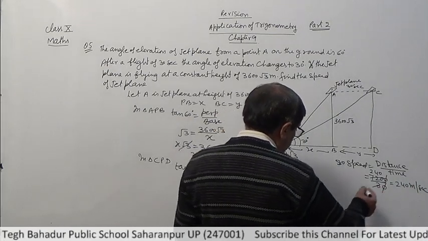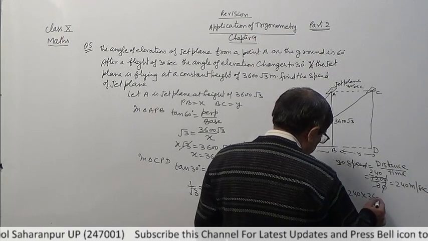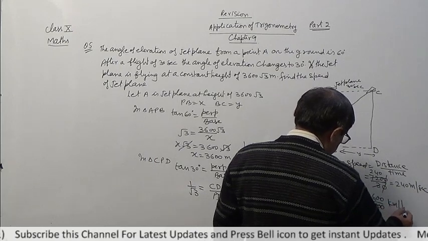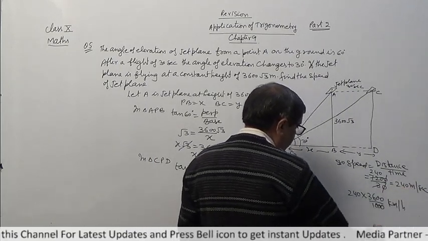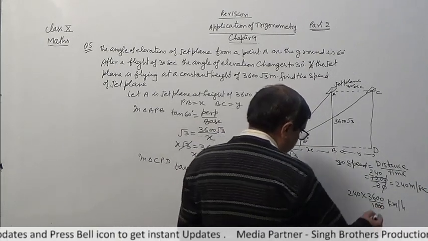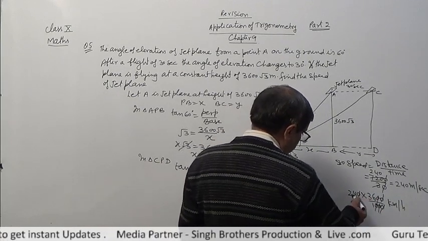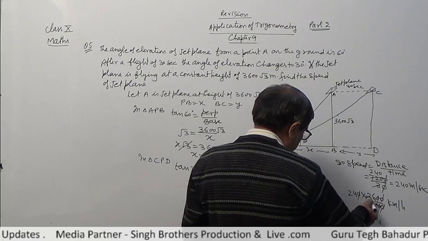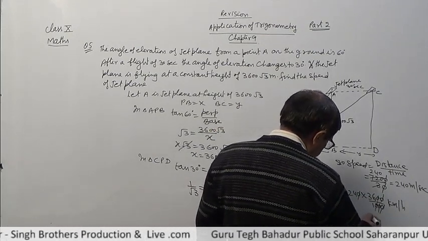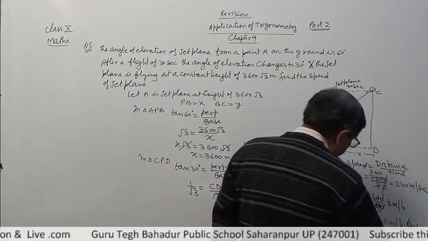We can change this into kilometer per hour. 240 into 3,600 upon 1000 kilometer per hour. Meter changes into kilometer upon 1000, second changes into hour, that will be 3,600. 864 kilometer per hour is the answer.